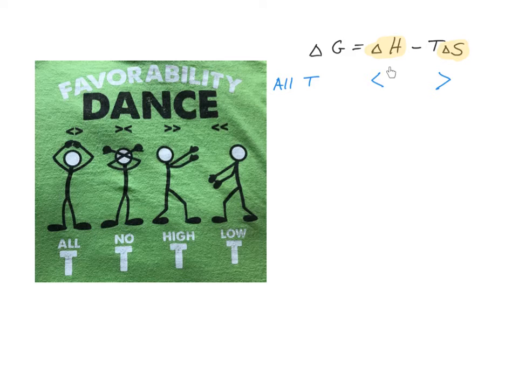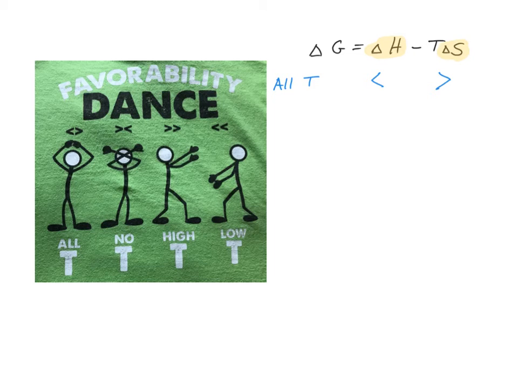Remember, what we said is when delta H is less than 0, it tends towards favorability. When delta S is greater than 0, that tends towards favorability. So when you have this situation that delta H is less than 0 and delta S is greater than 0, that means at all temperatures, okay, here, all temperatures, this reaction will be spontaneous.